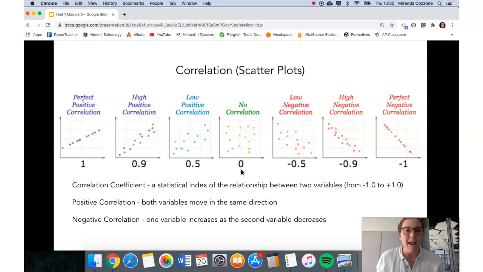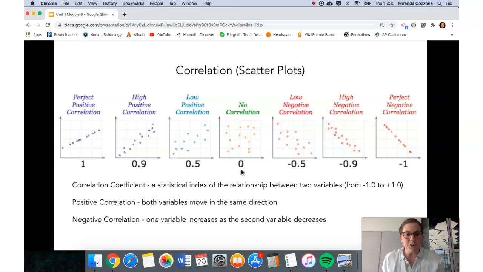Now, there's two types of correlation. There's positive correlation and there's negative correlation. Positive correlation is when your two variables move in the same direction, either up or down, right? For the example of study time and grades, we predict that they move in the same direction, right? The more you study, the higher your grades are.